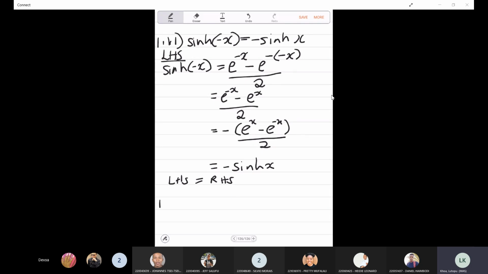Then 1 point. Yeah, somebody's saying something, but they're very soft. How did you factor out negative 1? Do you not know how to factorize? If you factor out negative 1, is e to the power of negative x not also going to be negative e to the power of x?